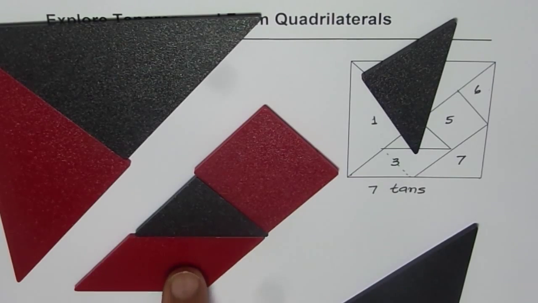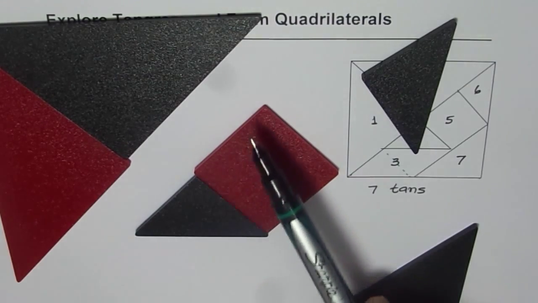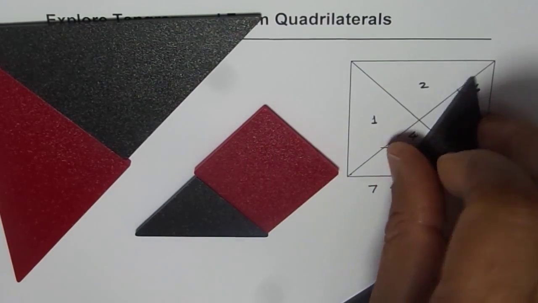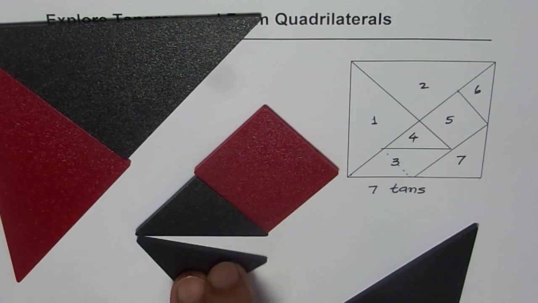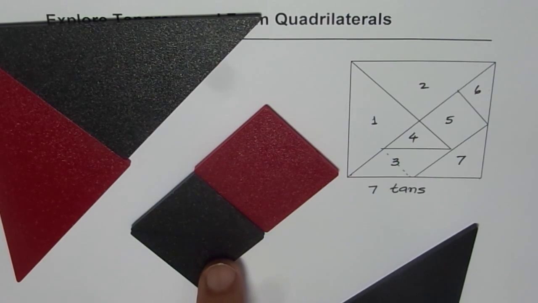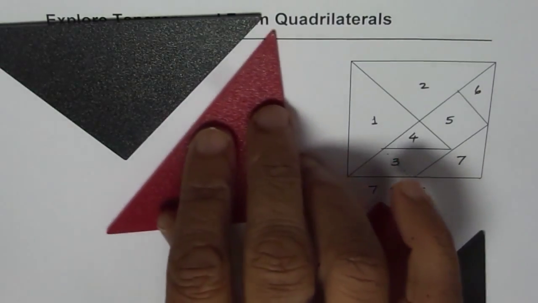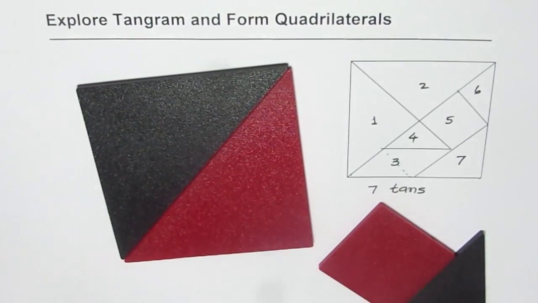If I remove this, even then 1 side, 2 sides, 3 sides and 4 sides is a quadrilateral. If I join these pieces, I get another quadrilateral. Do you see that? So that way I can make many quadrilaterals, right? So we can mix and match, join pieces together and make so many quadrilaterals.